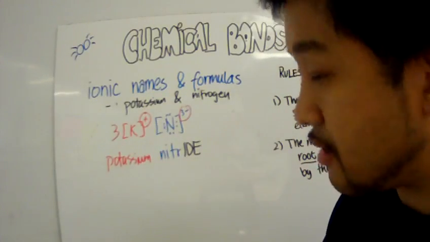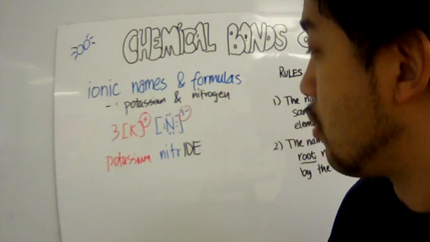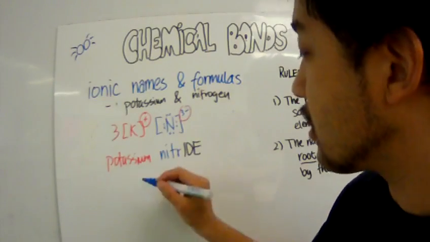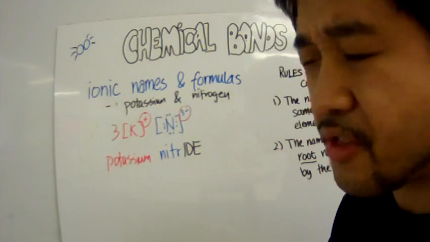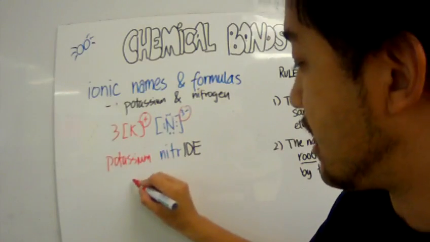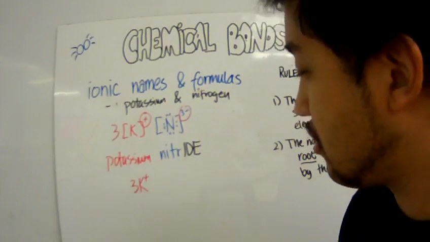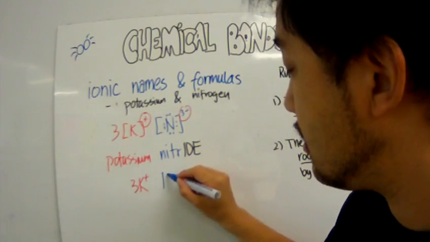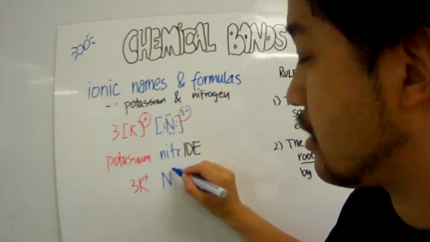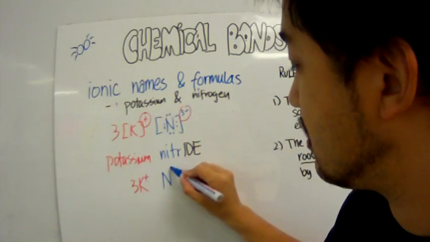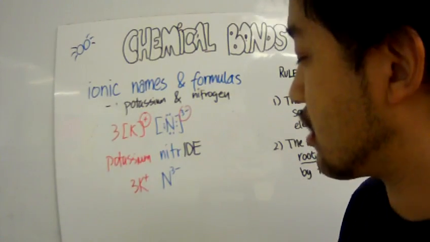Now, how do we write the formula for that? Well, first you know that there are 3 potassium ions to neutralize 1 nitride. Okay?